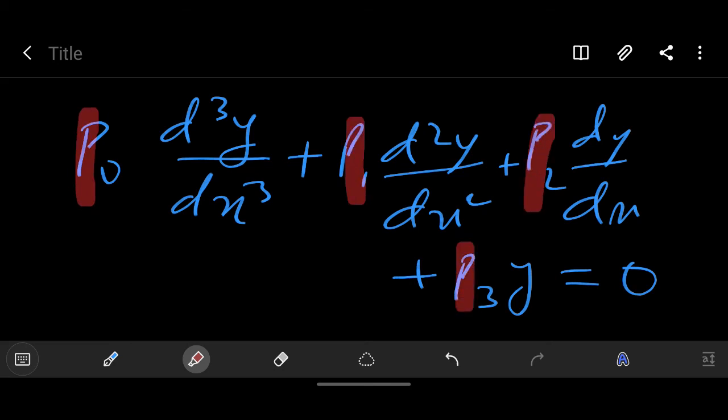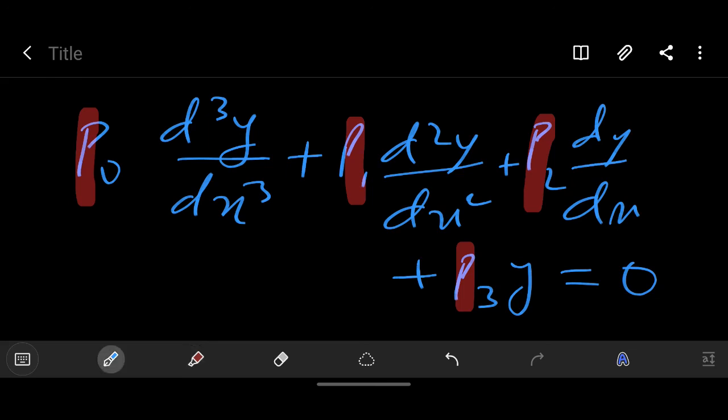So if there is no y in our given problem, then P3 would become 0. Likewise, if dy/dx, the first derivative, is not there, then P2 is 0. You have to consider those things.